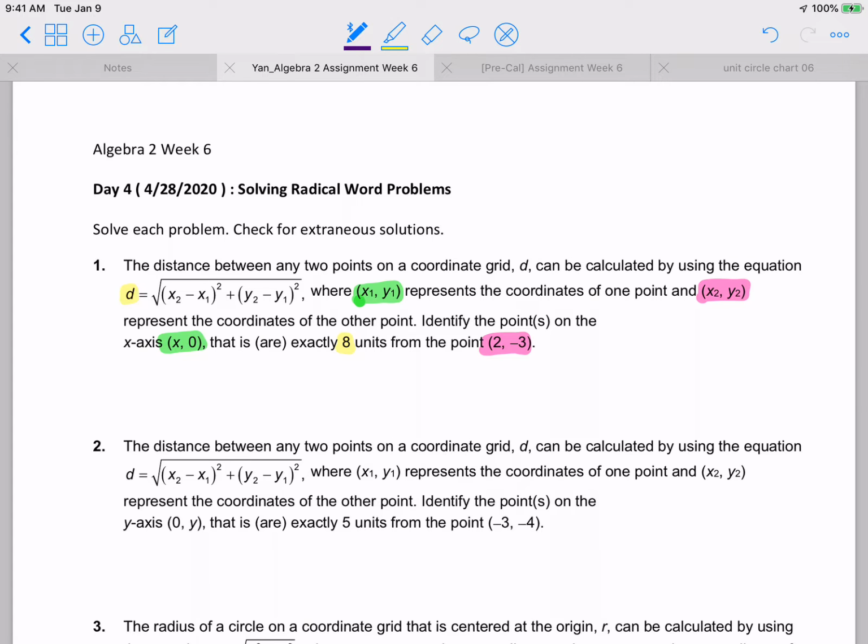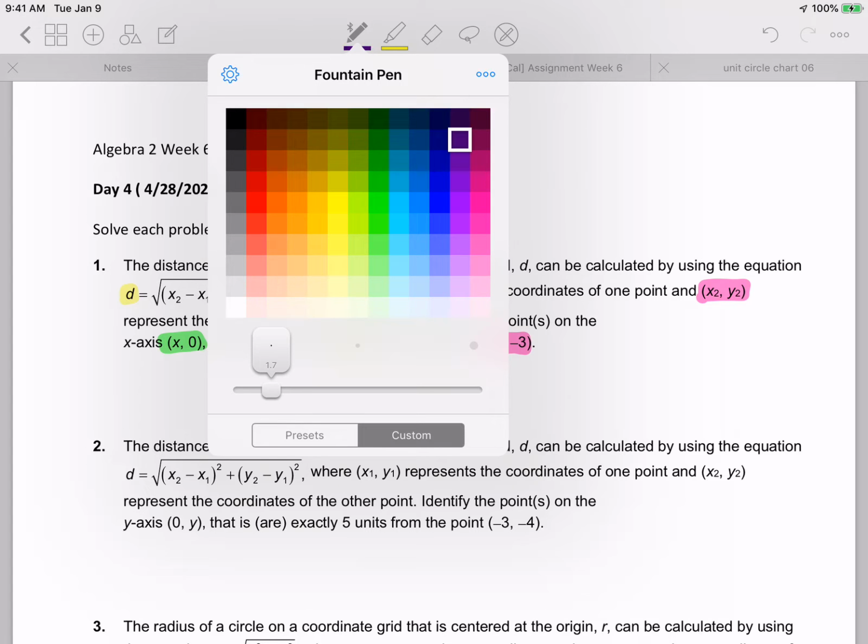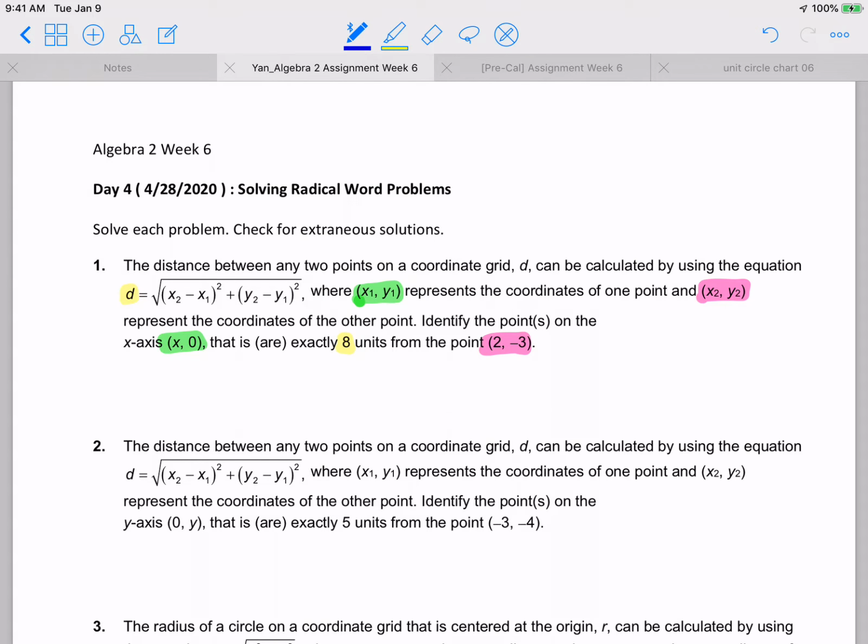Okay, so let's substitute everything we can. We're going to start off with 8 equals a big square root. We're going to start with x2 minus x1, so x2 minus x1, which is 2 minus x, close parentheses, squared.